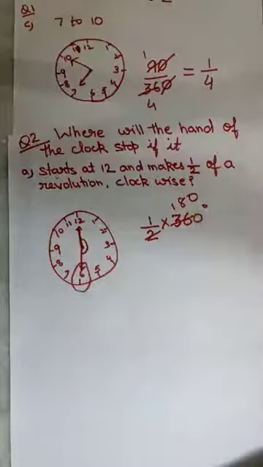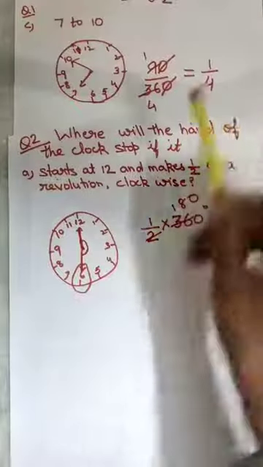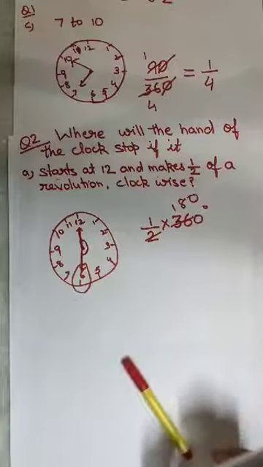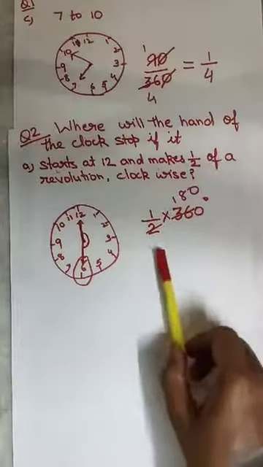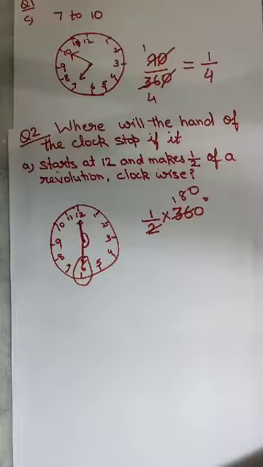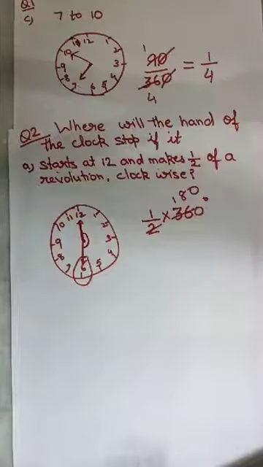In the first question, we divided by 360 degree when we had to convert into fraction. But now in this question, we have to convert fraction into angle. So we will multiply here by 360 degree. So it will stop at 6.